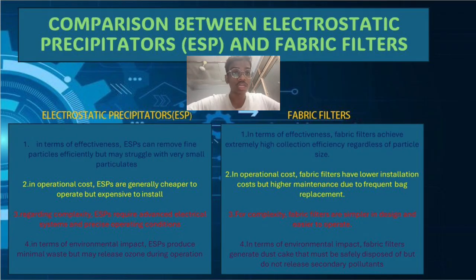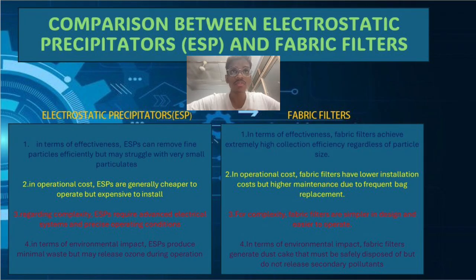Guys, now I'm going to explain to you about the differences between two environmental filtering methods, which are electrostatic precipitators, also known as ESP, and fabric filters, also known as baghouse.